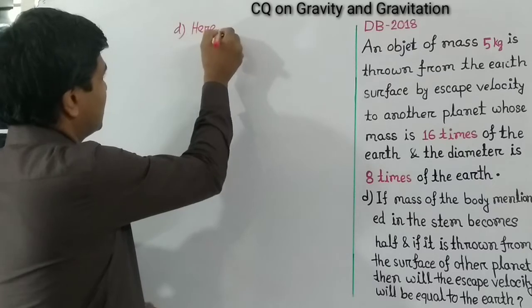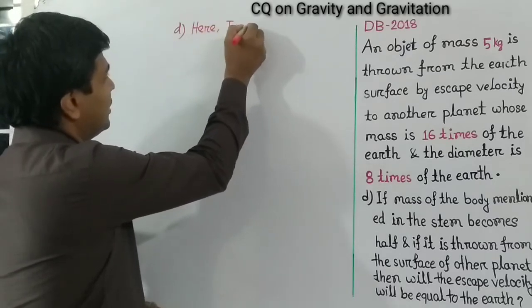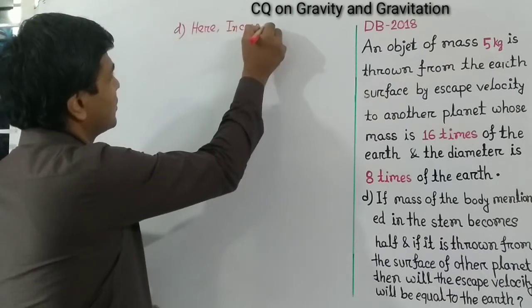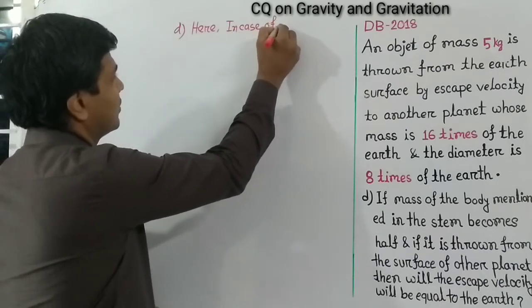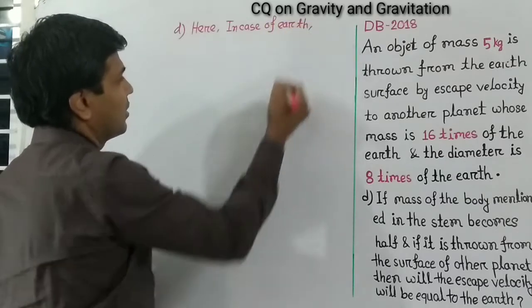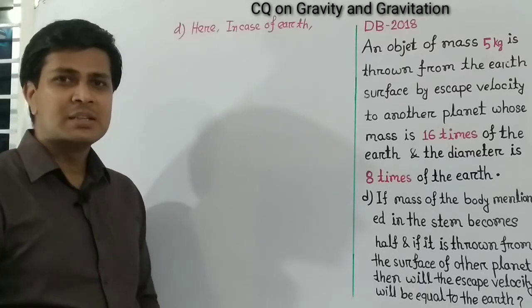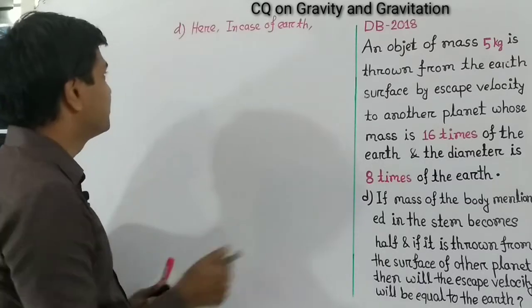Here in case of earth, the mass and the radius of the earth is given.